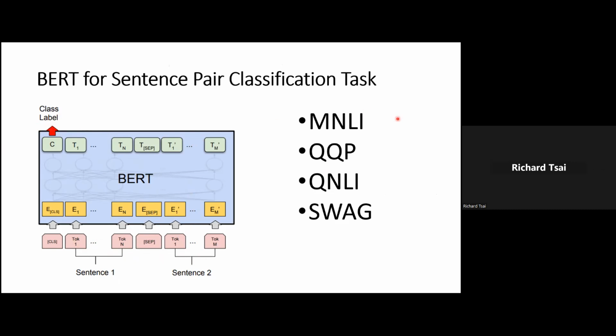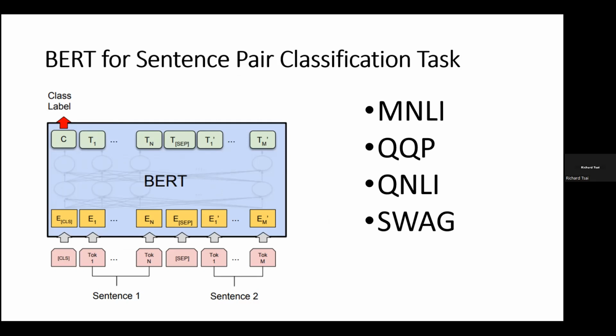The first is MNLI. This task involves determining the relationship between two sentences, specifically whether they are in an entailment, contradiction, or a neutral relationship.